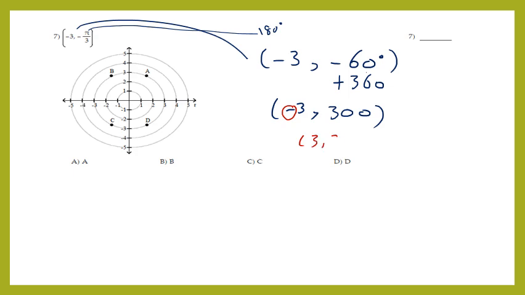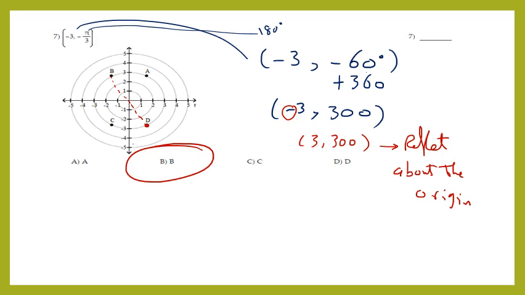Go first to the point 3 and 300. 3 and 300 is supposed to be the point D. But we are going to reflect about the origin. So it gives you B.